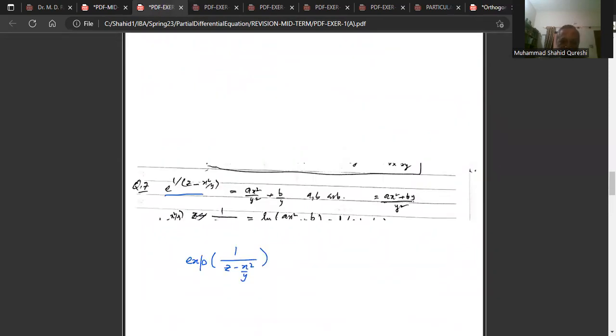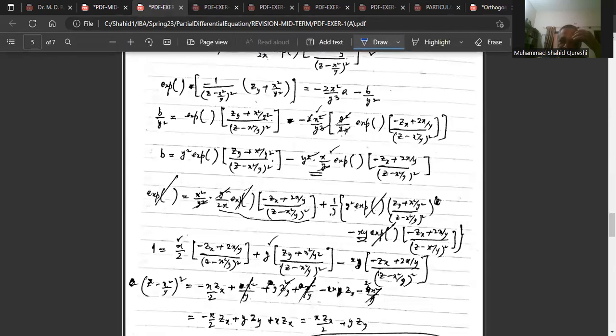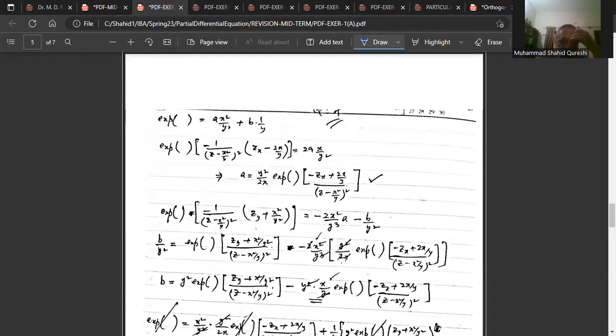When we take the derivative of this, what will happen? This will remain as it is and then multiplied by the function inside. So I wrote its derivative with respect to x. Right side derivative with respect to x is simple. So from here we derive the value of A. Then again take the derivative with respect to y.